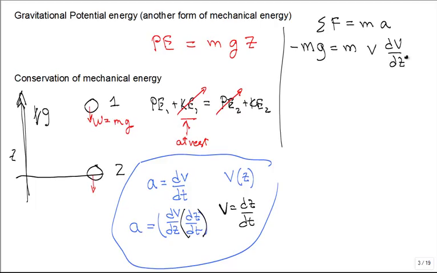Now what I do is I'll go ahead and separate. This is your ordinary differential equation. And you have some initial condition that v at time 0 is equal to some v naught, or v1, right? We're going to state 1 and state 2, right? Or v at z1 is v1.